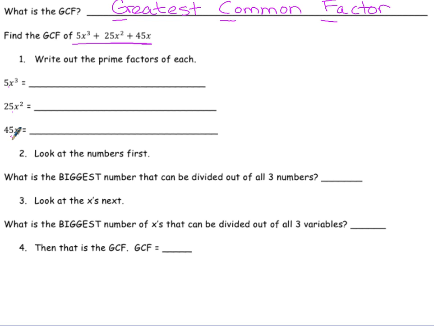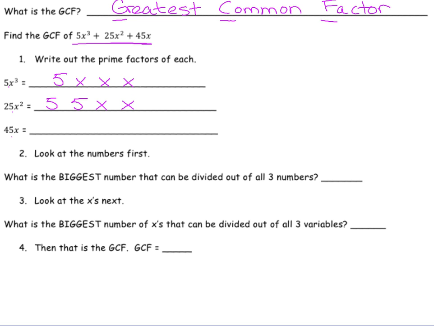So if we were to factor out 5x to the third, we'd have 5 times x times x times x, right? What about the next term in our trinomial? This guy. We'd have, oops, I messed up. I forgot to factor 25. We can factor the 25 into these two pieces, 5 times 5, and then factor out our x's.